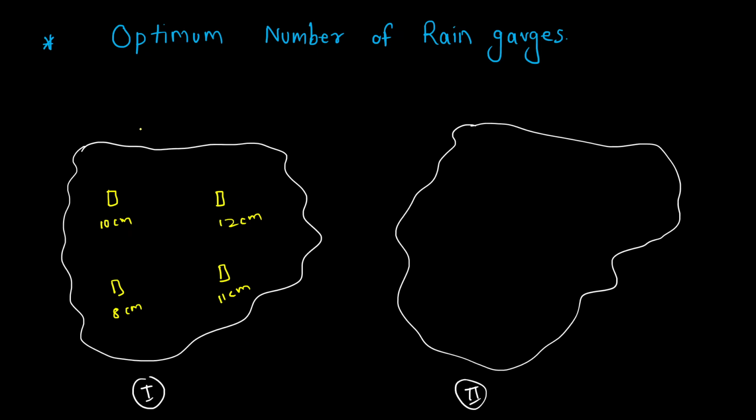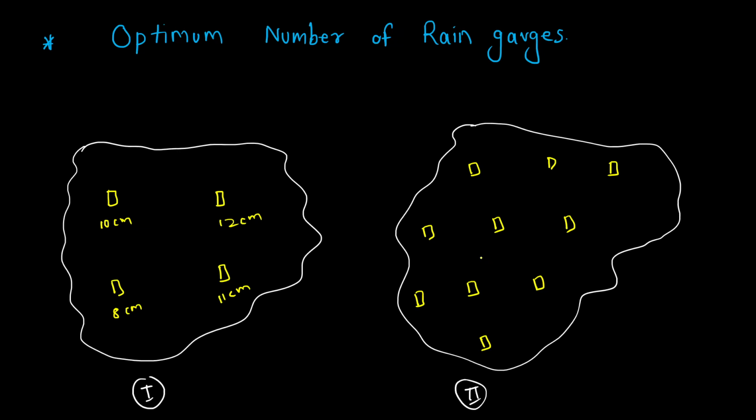So for this area we have got four readings. Now for the same area, let's say instead of four rain gauges, we are deploying 9 rain gauges, or we'll take it as 10 rain gauges. In the first case, for the same area, 4 rain gauges are used.